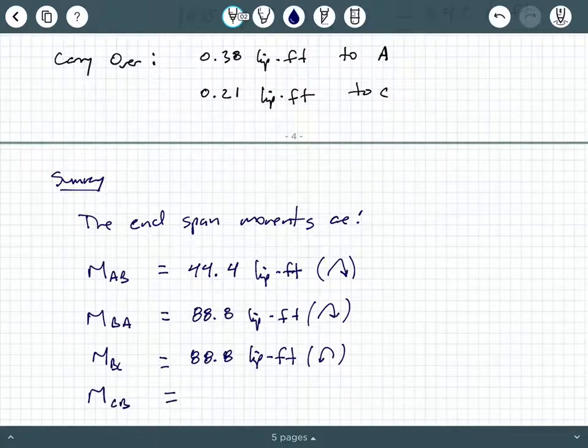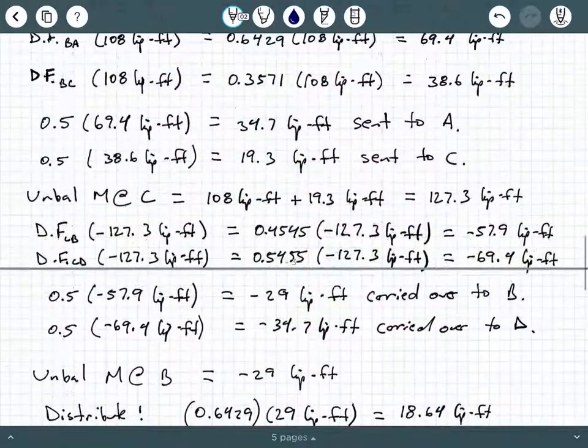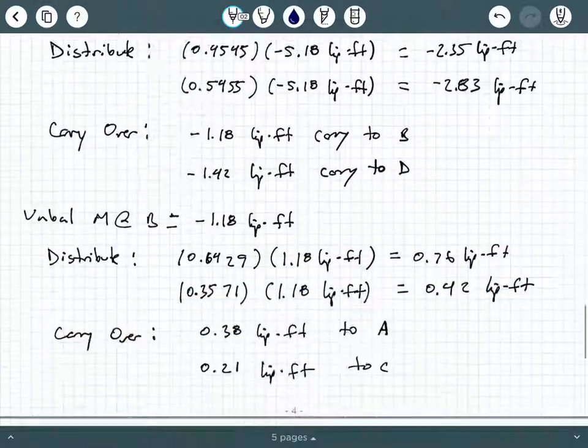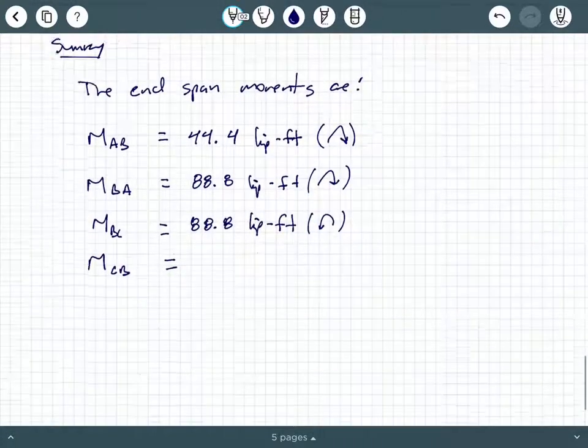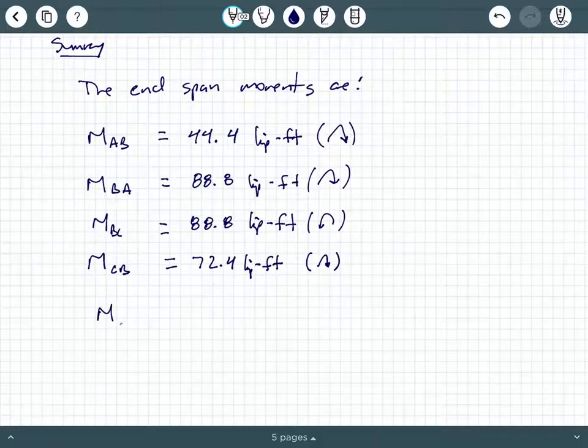And then we have MCB. What did we get for that? We got a positive 72.4. So we're going to say 72.4 kip feet going clockwise.